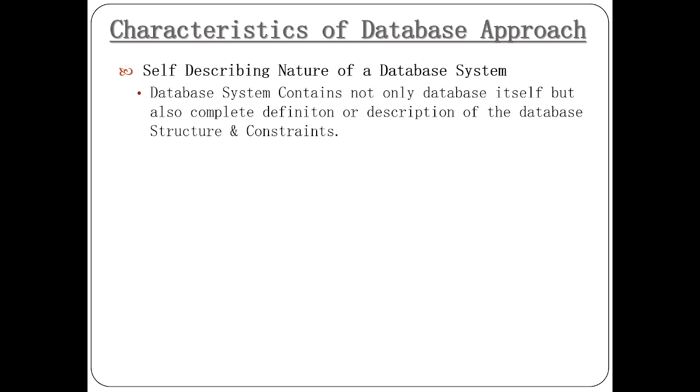First one is the self-describing nature of a database system. The basic characteristic of a database system is that it contains not only the database itself but also a complete definition or description of the database structure and constraints. For example, if we want to create a database, then we should follow some rules.